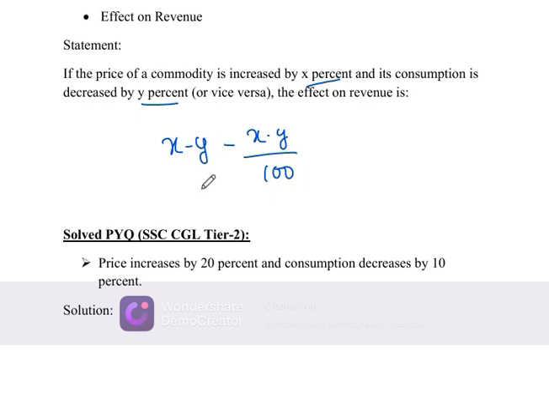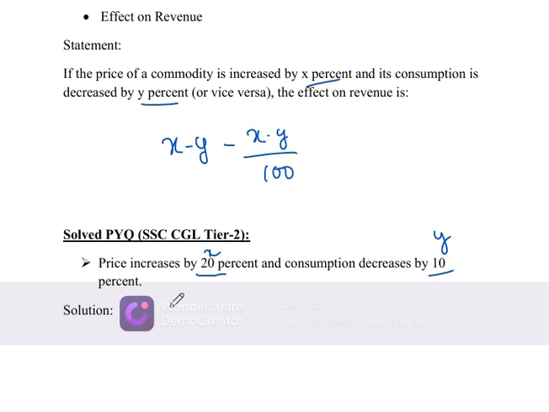So let's see a question based on this. The price of a commodity increases by 20%, which is the value of X here, and due to the increase in price, the consumption is decreased by 10%, which is the value of Y. You have to find the effect on the revenue.